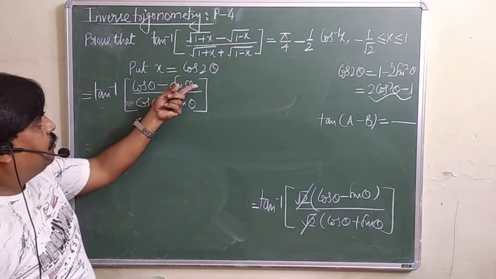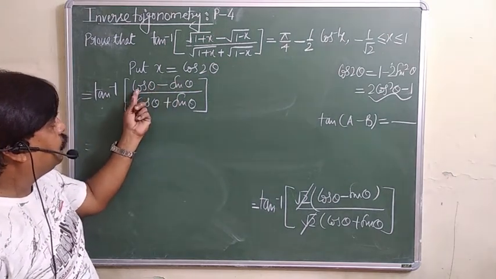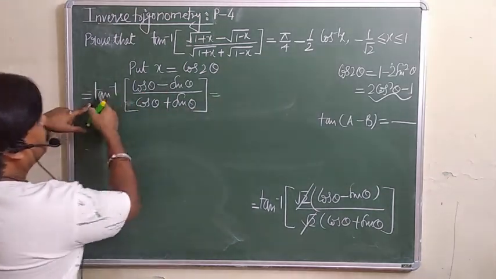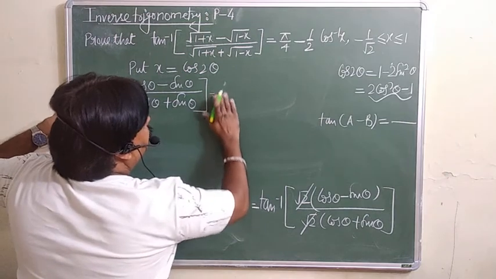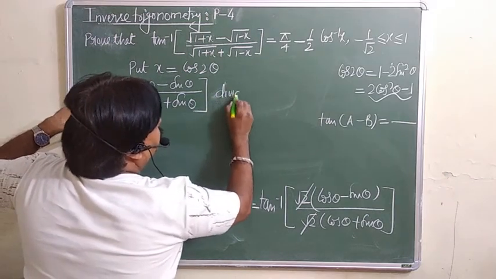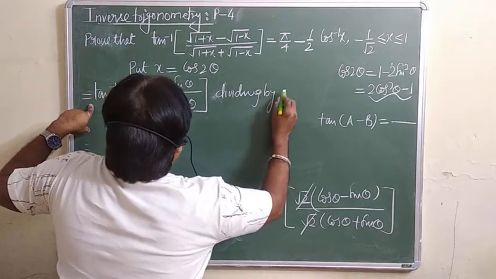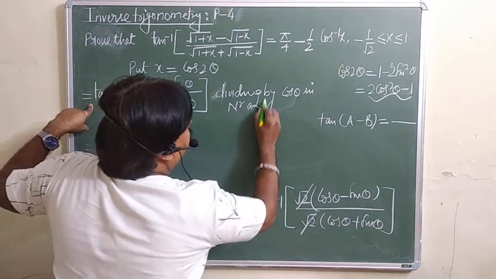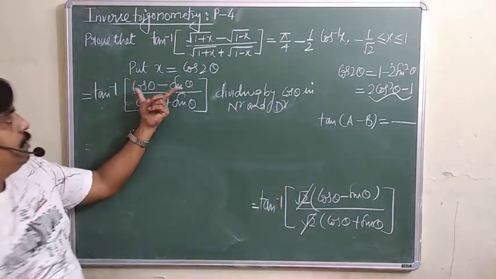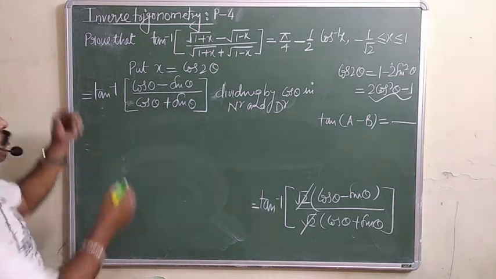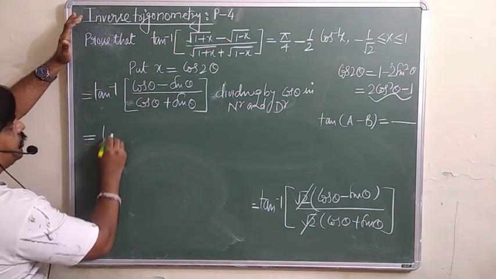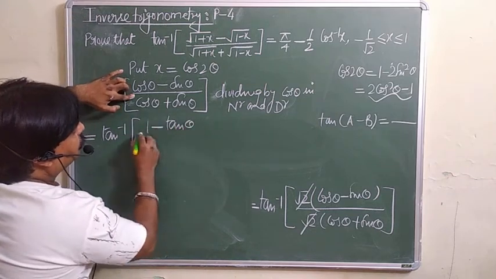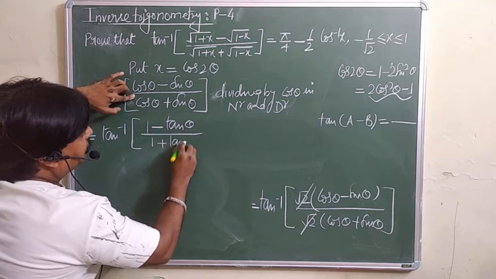So what we will do? We are supposed to make this in terms of tan. We are supposed to divide by cos theta in numerator and denominator, because it is the same operation, so the value is not going to change. So finally here we will get tan inverse of (1 minus tan theta) over (1 plus tan theta).